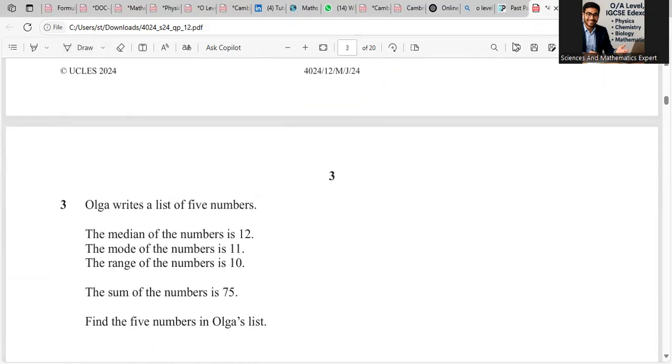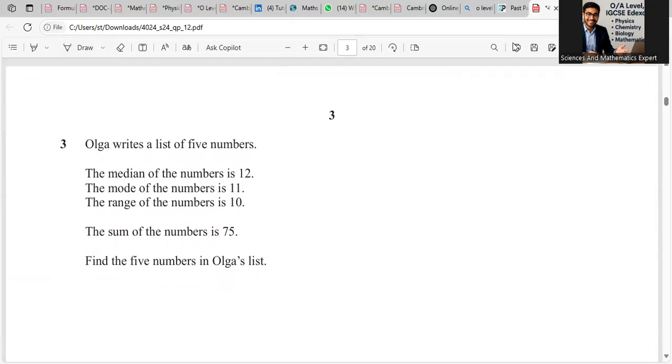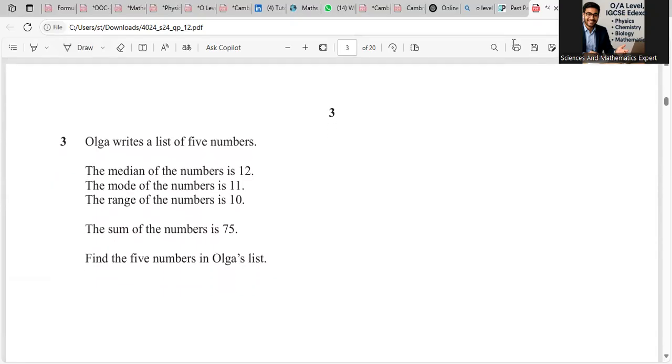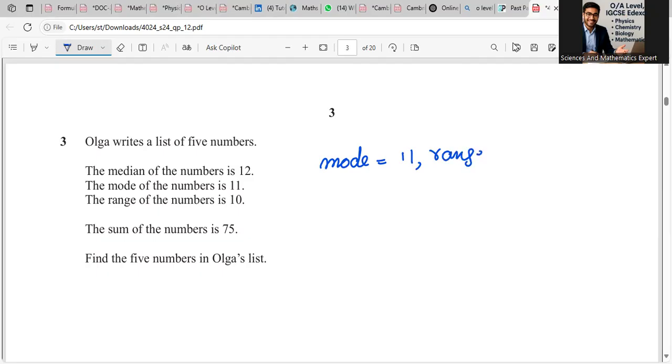For question number 3, he is saying that Olga writes a list of 5 numbers. The median of the numbers is 12, the mode of the numbers is 11, the range of the numbers is 10, and the sum of the numbers is 75. We will have to find the 5 numbers. Mode is 11, range is 10, median is 12, which is given.